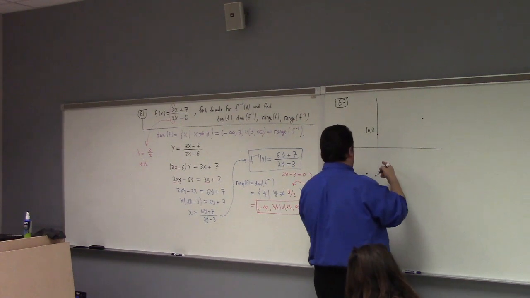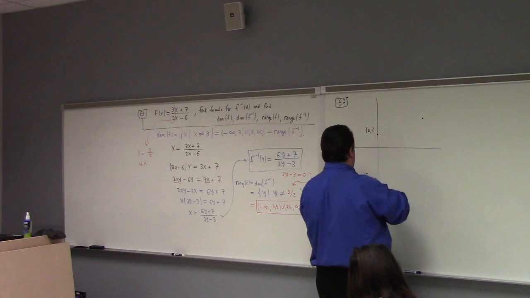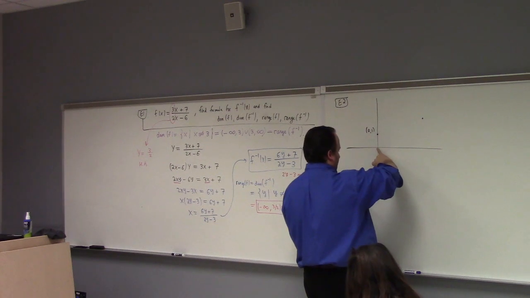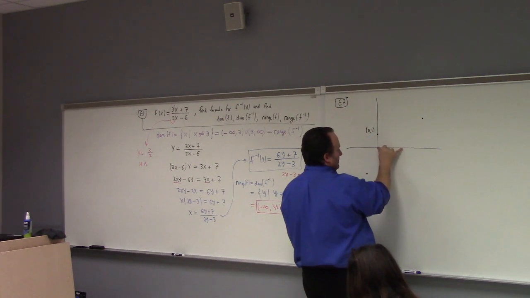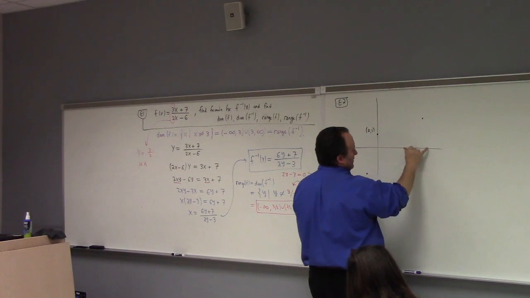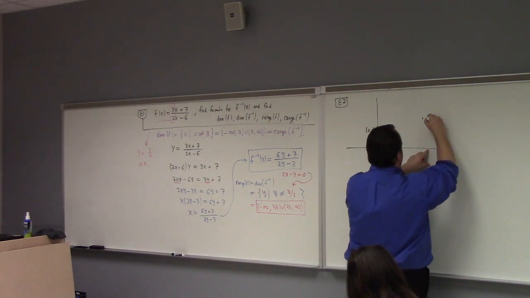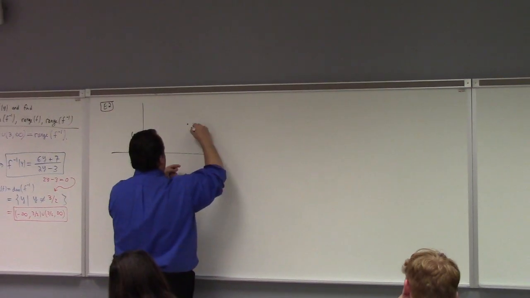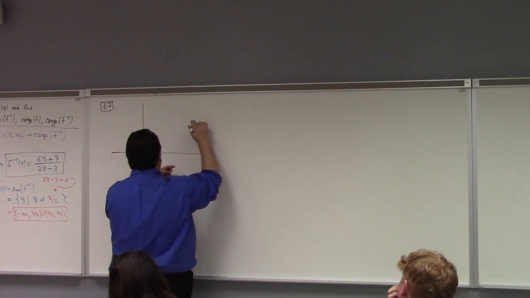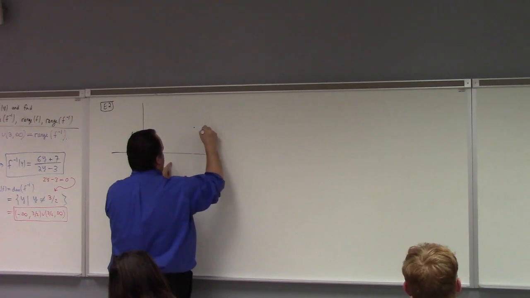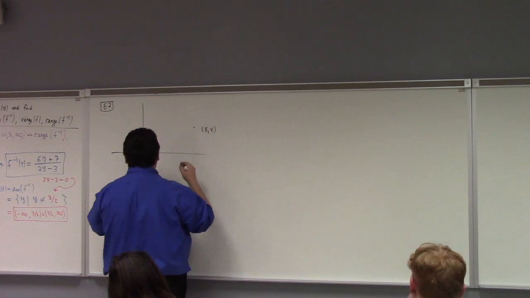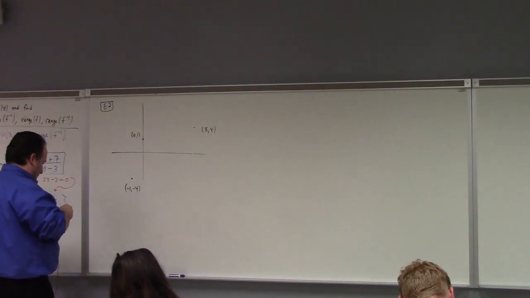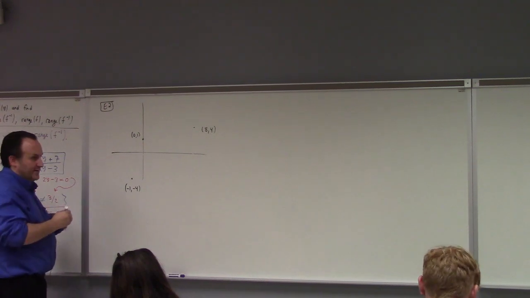Let me see. All right, I got to use my measurement device here. 4. I'll put it up here. See if I can do better than I did last class. All right, so here's 3 points on a function. I'm going to connect the dots here, all right?